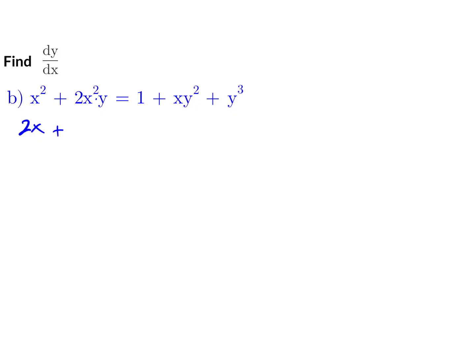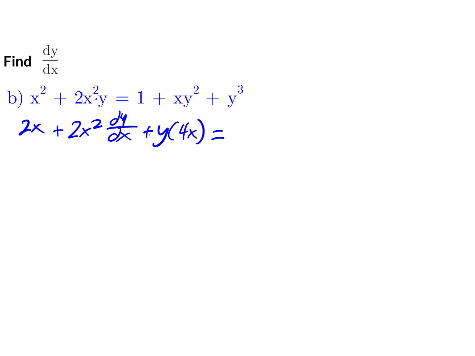Just keep the 2 with the x squared, and then keep the y sort of separate. So, 2x squared times the derivative of y, plus y times the derivative of 2x squared. What's the derivative of 2x squared? 4x.